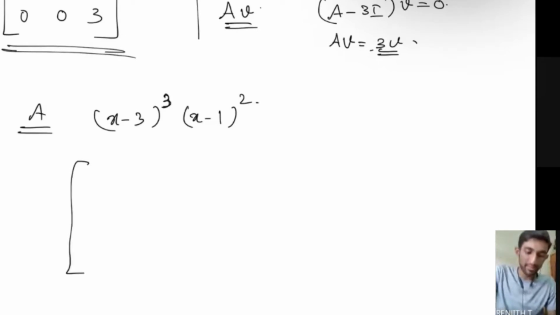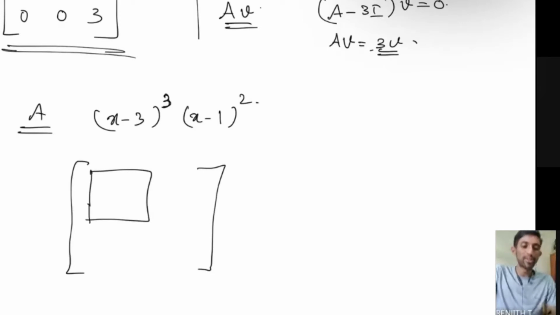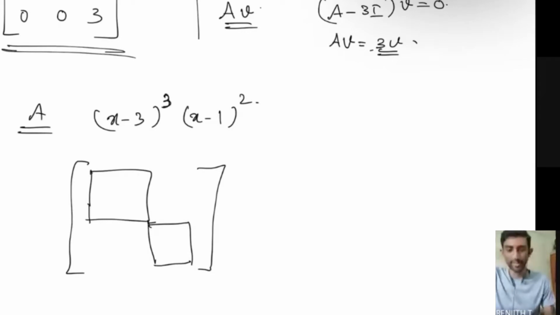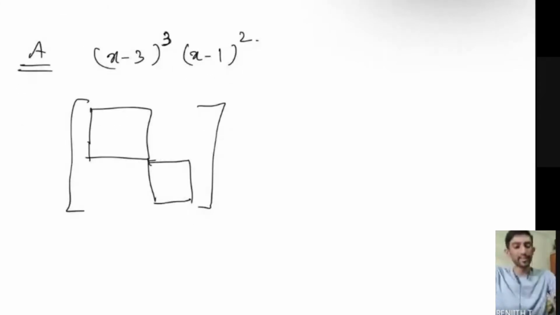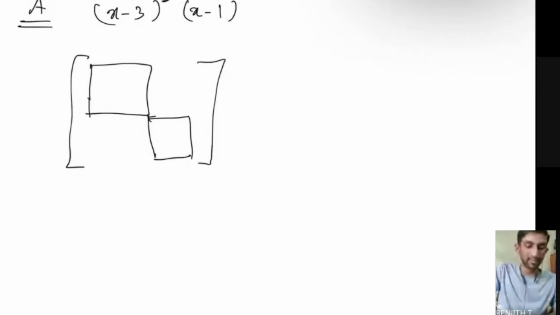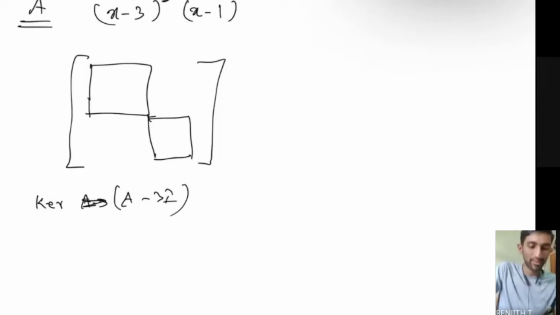So you will get a basis in such a way that in one block you deal with only eigenvalue 3 and in another block only eigenvalue 1. In eigenvalue 3, as we said, we look at the kernel of A minus 3I. If the kernel of A minus 3I has dimension 3, then that part is diagonalizable.